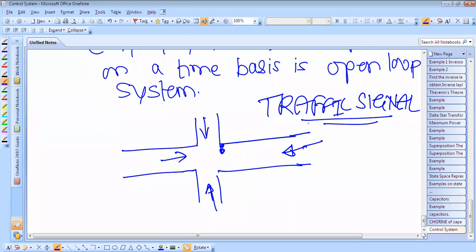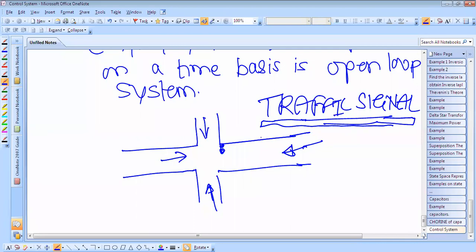If the traffic signal is not operating on time base, and if it is considering the density of the vehicles from that side, then it will be the example of the closed loop control system. Means whenever the system is taking the output into consideration, that will become the closed loop control system. If not taking, it will be the open loop control system.